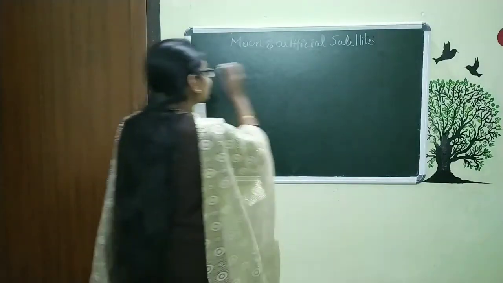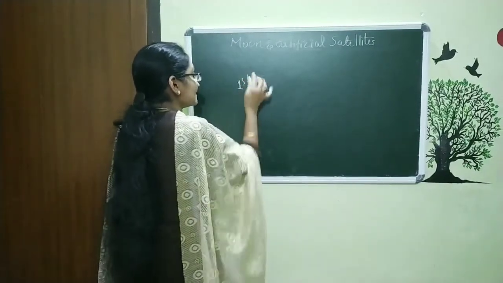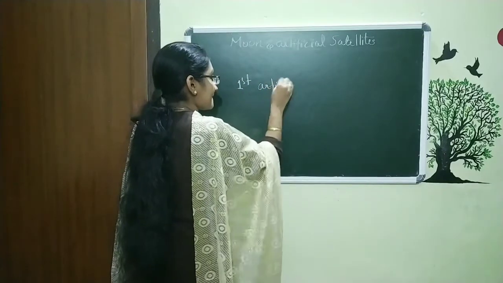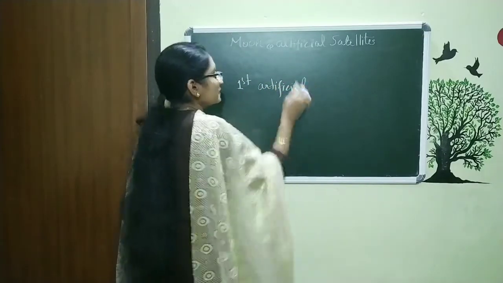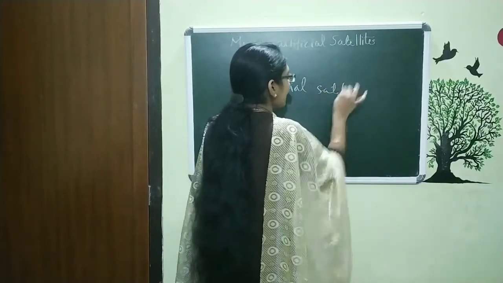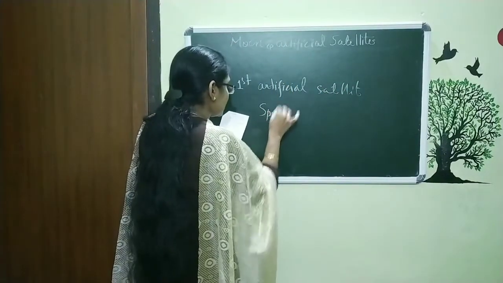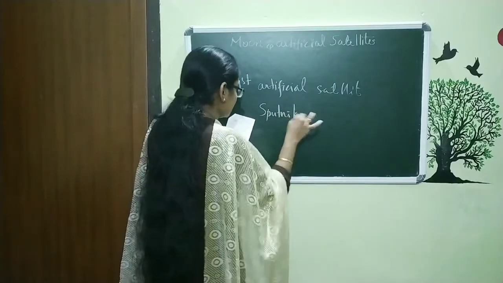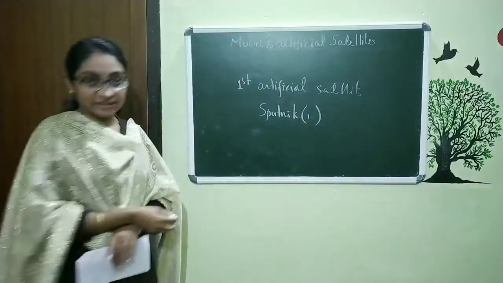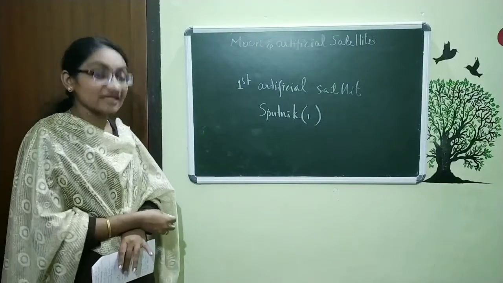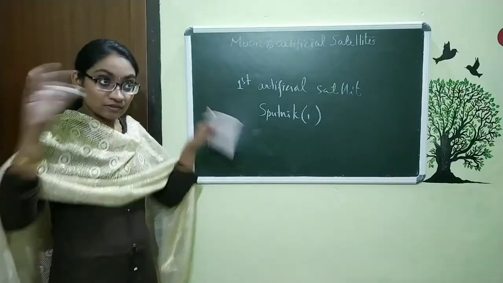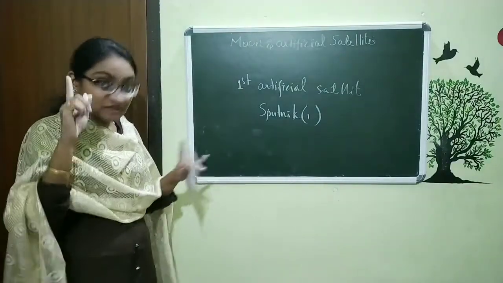So, the first artificial satellite is Sputnik 1. This is the name of the first artificial satellite sent in the whole world.